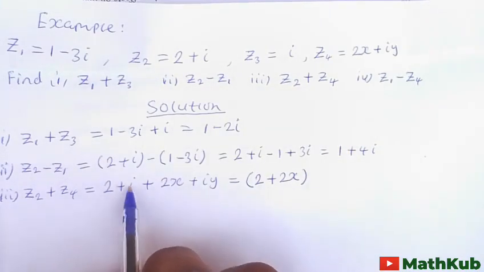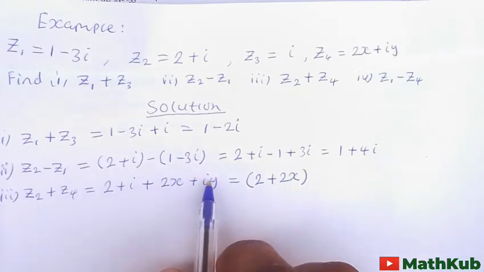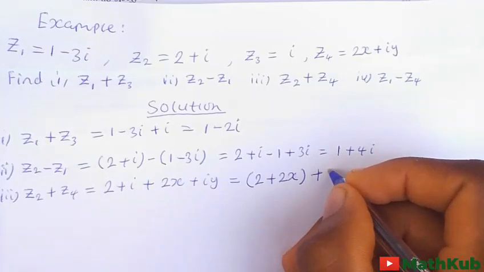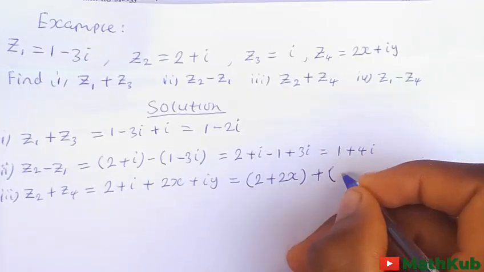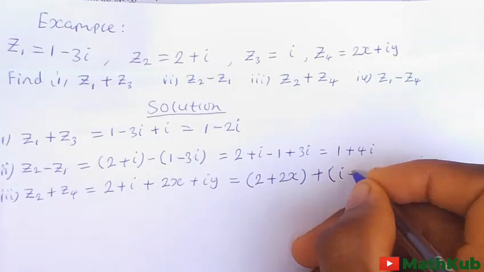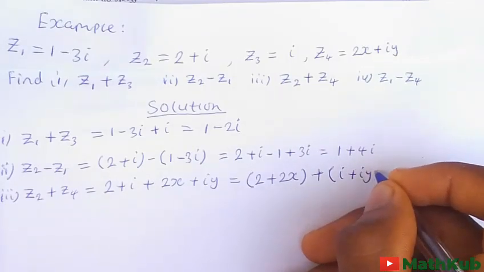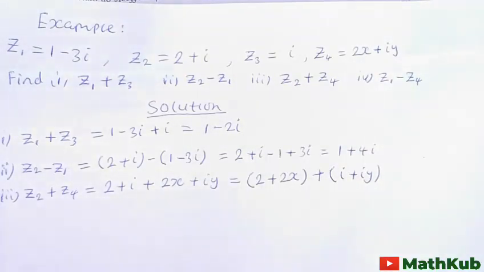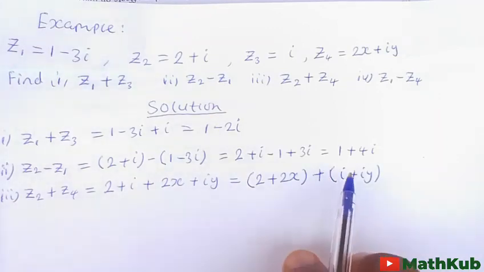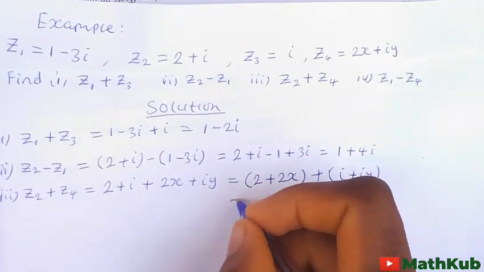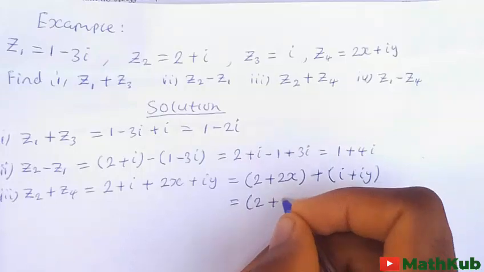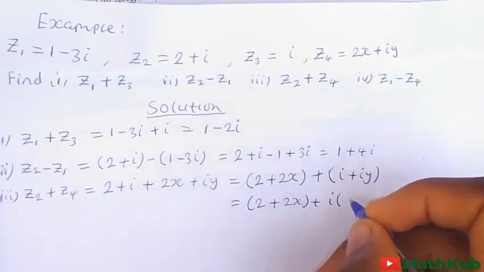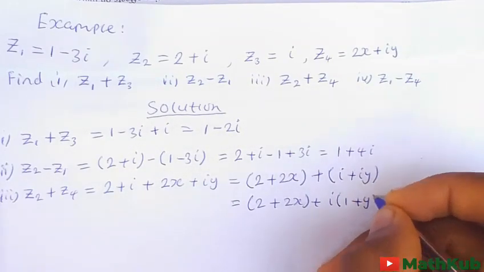Then we add the imaginary parts, i plus iy. We can factorize i out. We have 2 plus 2x plus i times 1 plus y.